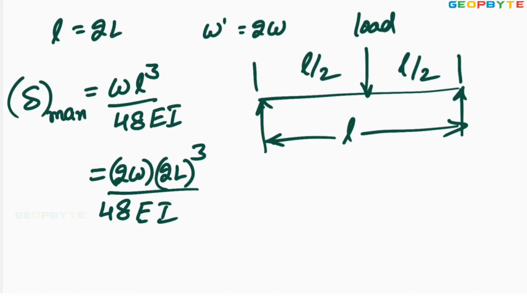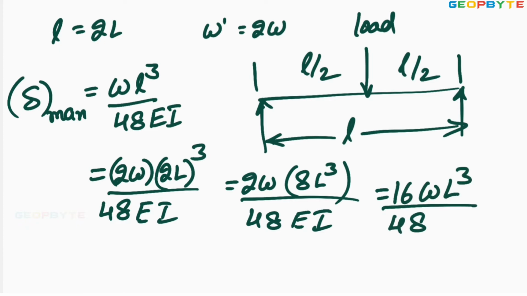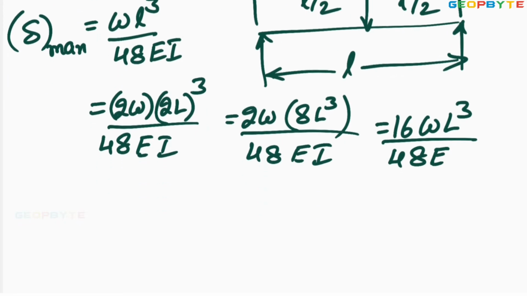Now you simplify it. It is equal to 2W into 8L cube divided by 48 EI. 8 multiplied by 2 equals 16WL cube by 48 EI.